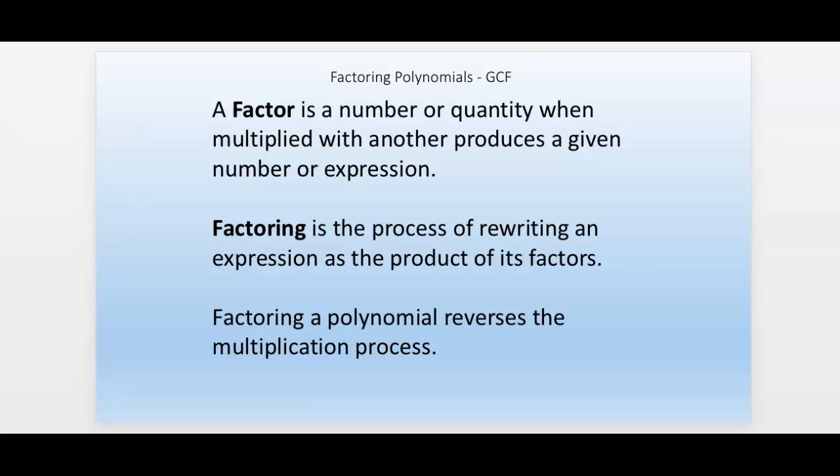In factoring a polynomial, it kind of reverses the multiplication process. Remember, we multiplied polynomials together to get one polynomial. Now we're going to start with one polynomial and factor it into its factored polynomials, the things you use to multiply together to get the polynomial that we're going to be factoring.